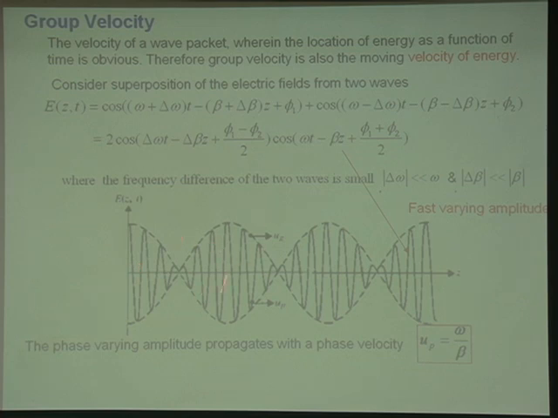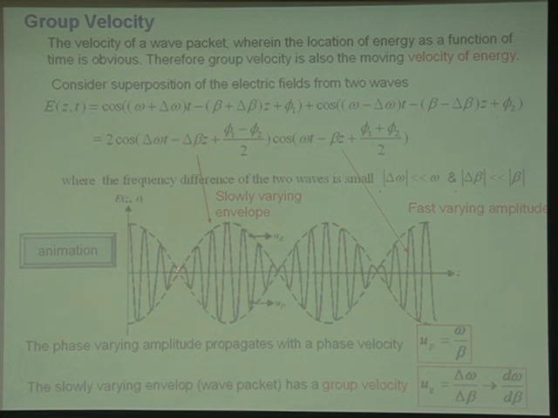But this envelope, described by this term, also has a velocity called the group velocity, equal to delta omega over delta beta.